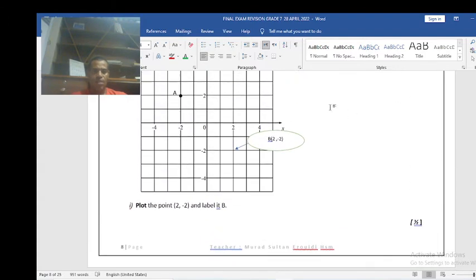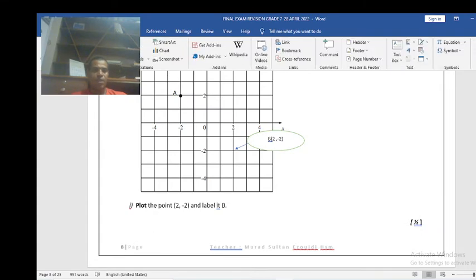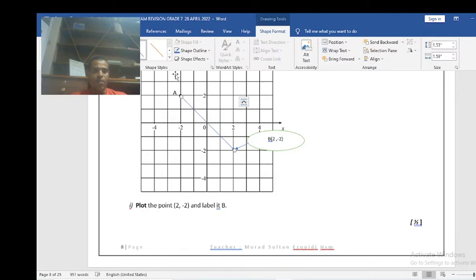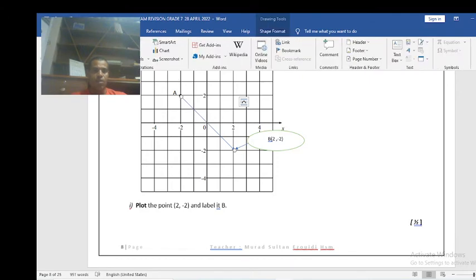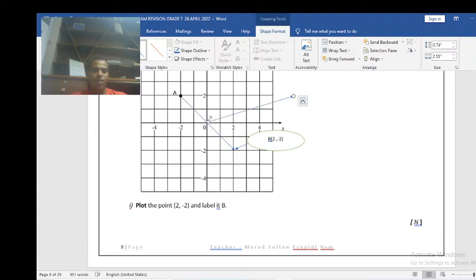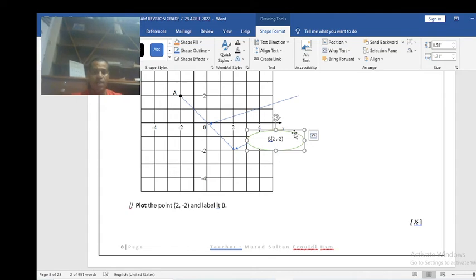The midpoint is halfway between the 2 points, from this to that. You can see that this is the midpoint that I'm looking for. This is the midpoint, learners, and it has coordinates (0, 0). I will label it as M if you would like.